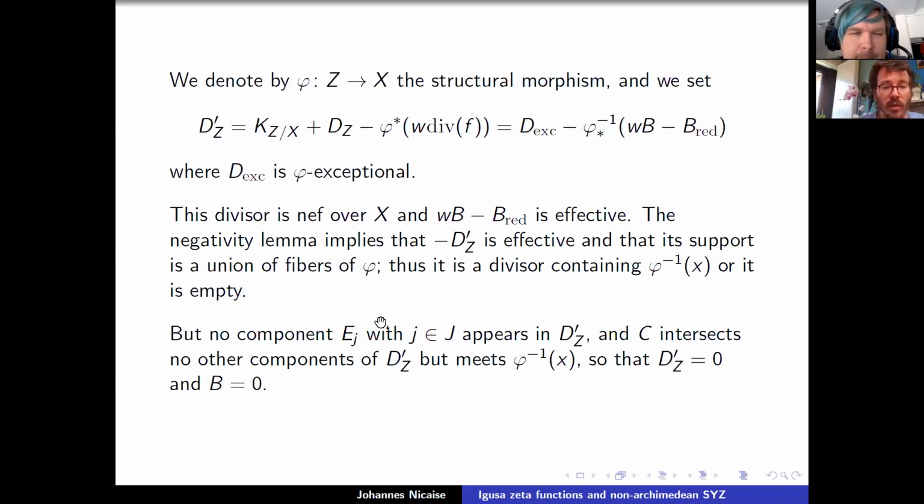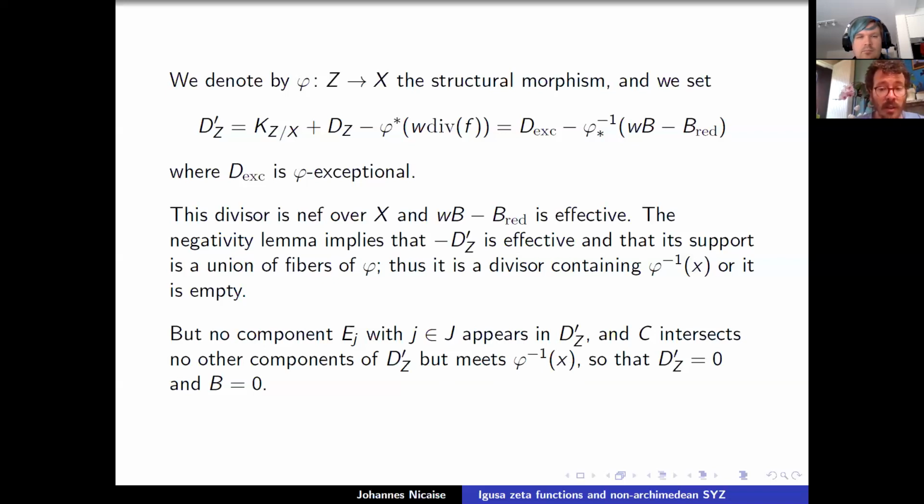And so by definition of W, all of these components are killed in the definition of dz prime. And C doesn't intersect any other component of dz prime. This is the assumption that C actually doesn't intersect any other irreducible component EI at all. But it still meets phi minus 1 of x, because every stratum in the resolution meets phi minus 1 of x. That's again the locality assumption that we have built in.